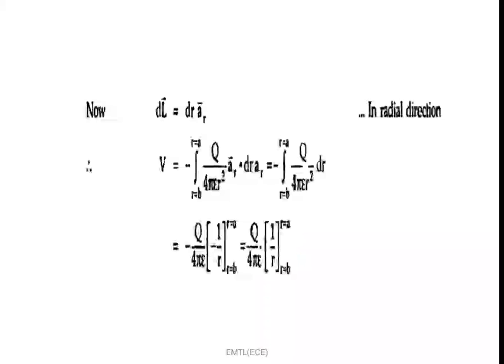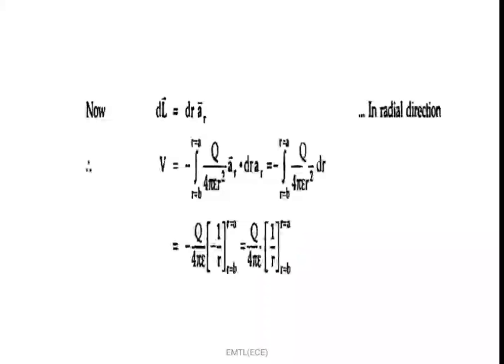According to the spherical coordinate system, the expression for dl is dr a_r bar plus r d theta a_theta bar plus r sin theta d phi a_phi bar.